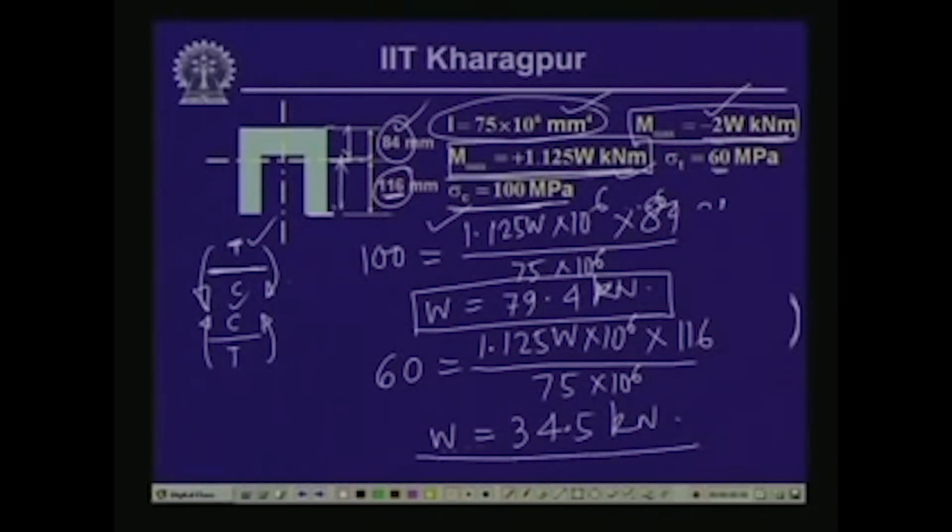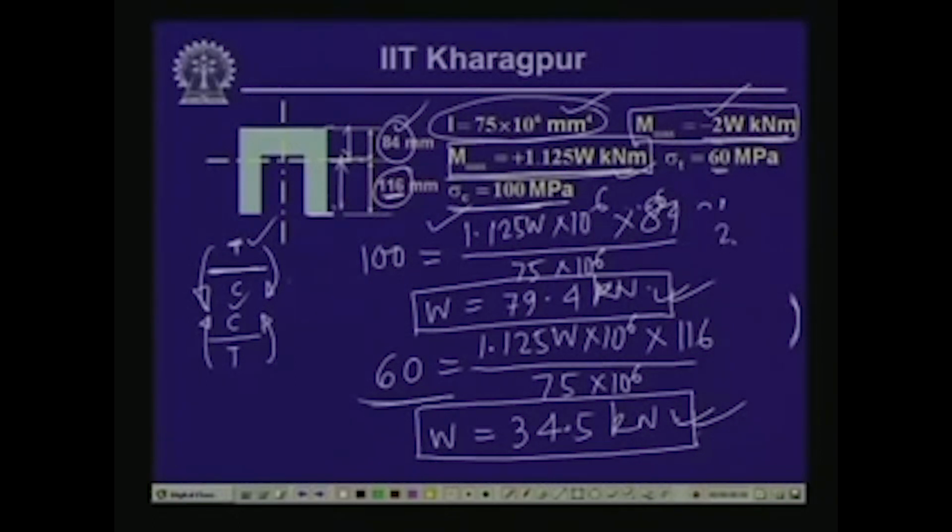Now, out of these two values, we find that 34.5 kilonewton is the lower value, because if we apply 79.4, naturally the stress level here will exceed and the member will fail. Now, we have obtained 4 values.